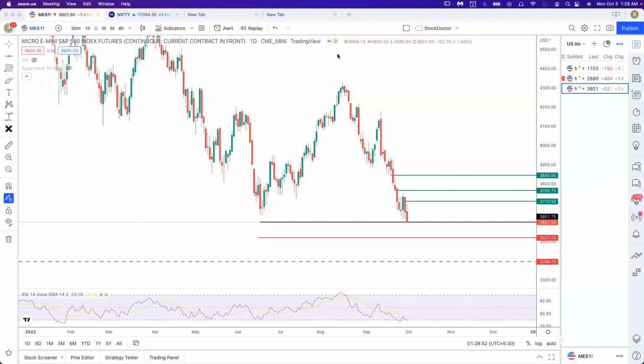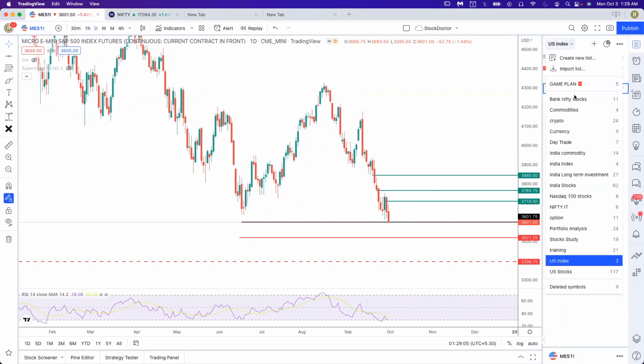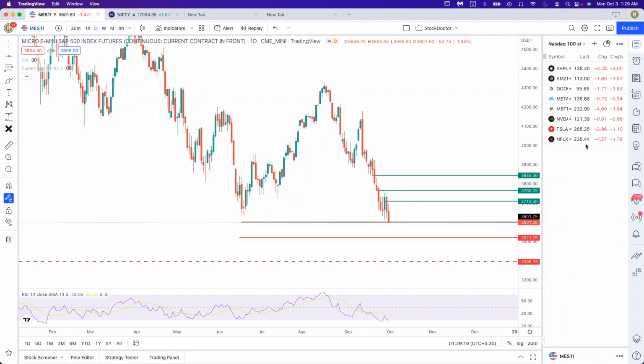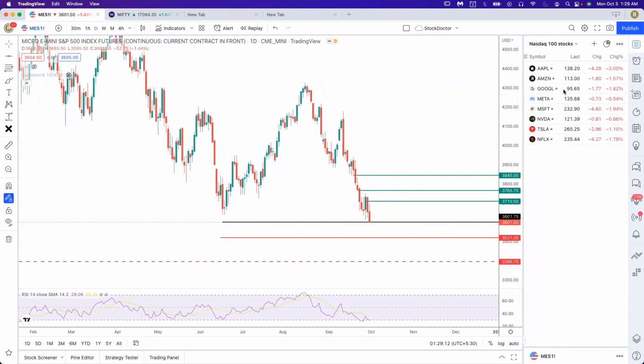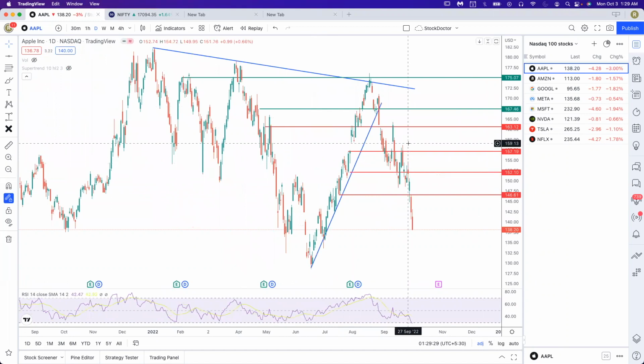So this was all about these three indexes, my friends. The way these three indexes respond, the respective stocks of those indexes will respond with them. For example, Nasdaq 100 is made up of basically these main stocks: Apple, Amazon, Google, Meta, Microsoft, Nvidia, Tesla, Netflix. If Nasdaq 100 goes 2% down, then all the stocks are going to go down.